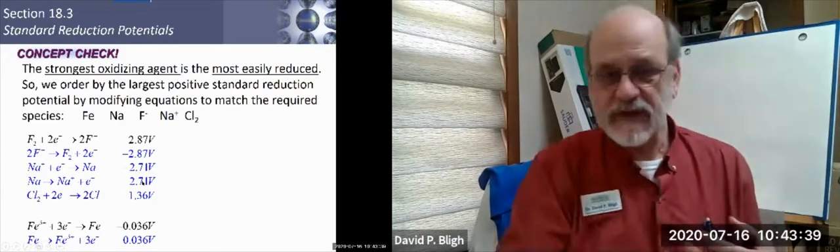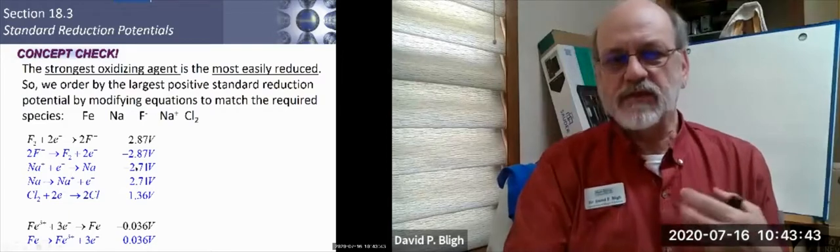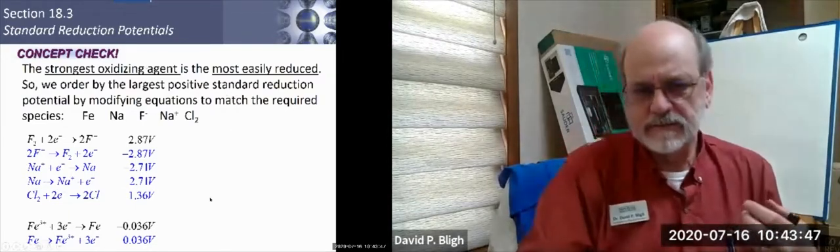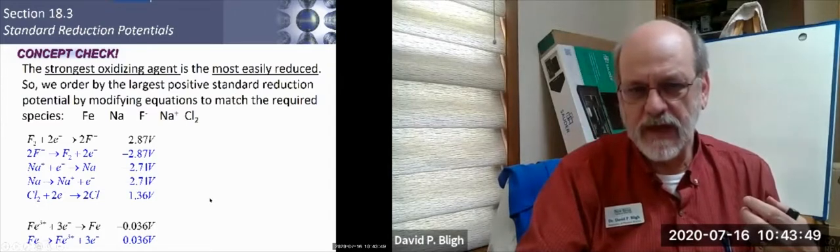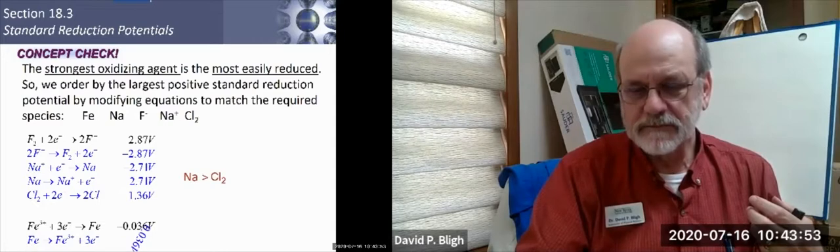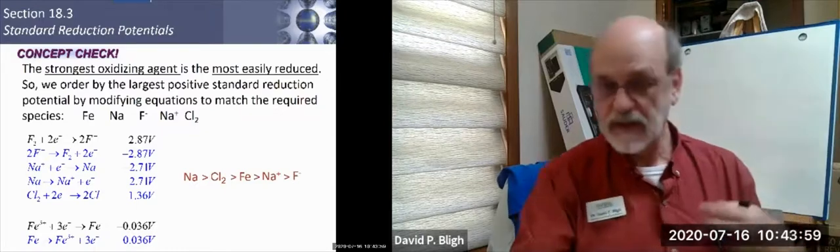The strongest oxidizing agent is the most easily reduced. So there you go. That's the order.